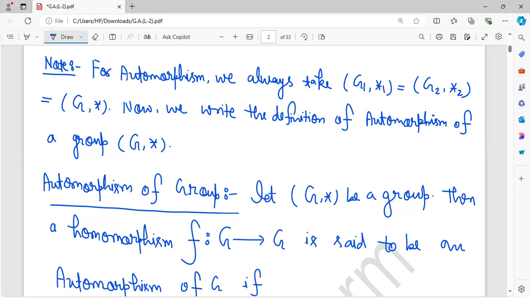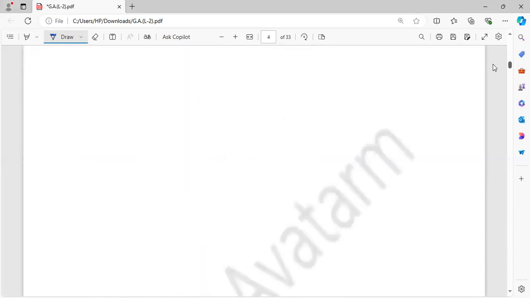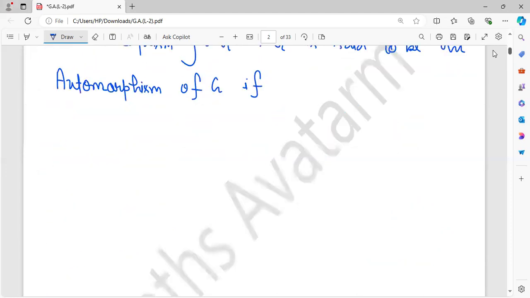First of all, the function should be a homomorphism. So homomorphism you have to check. In the definition it is given that it is a homomorphism.